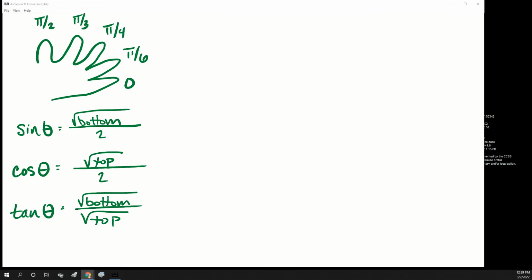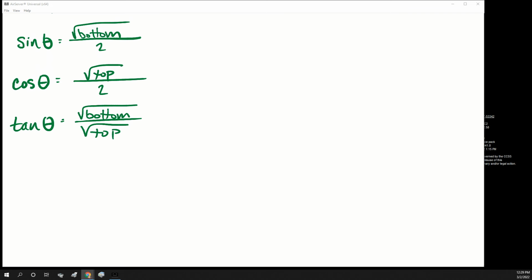And then sometimes you are going to need the unit circle. So we're going to do the quadrant angles on the unit circle.